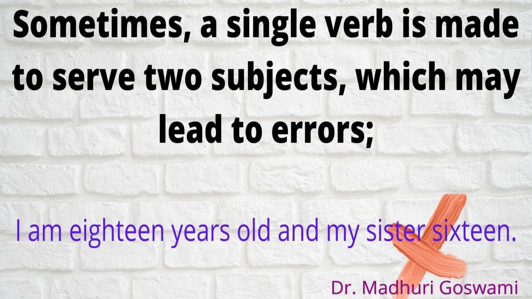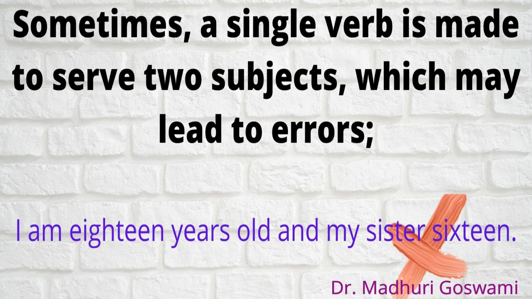इस सेंटेंस में एक सिंगल वर्ब है am और दो सब्जेक्ट्स का यूज किया गया है I and my sister. As per rules, there are two clauses in this sentence and they are connected with the conjunction word and.